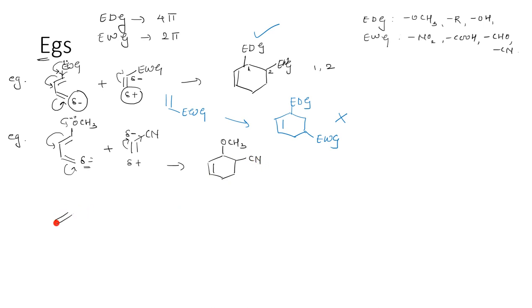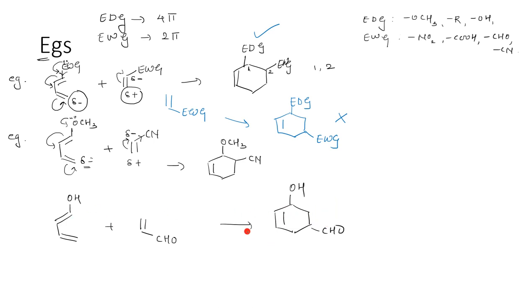So let's take one more example. Suppose I am writing here OH, and suppose it is given like this, say CHO. Now don't make the mistake of writing this structure like this. This is not the correct product. Why? Yes or no?